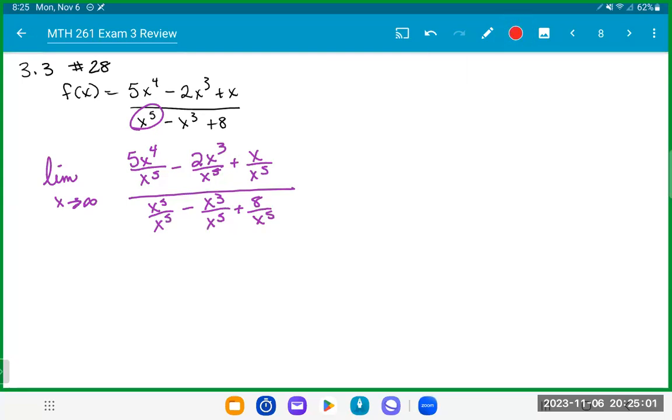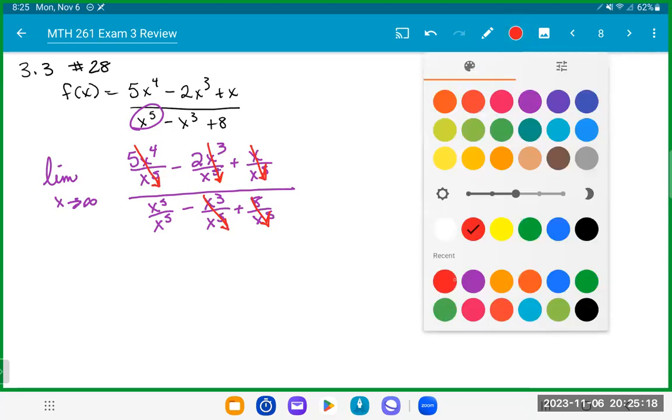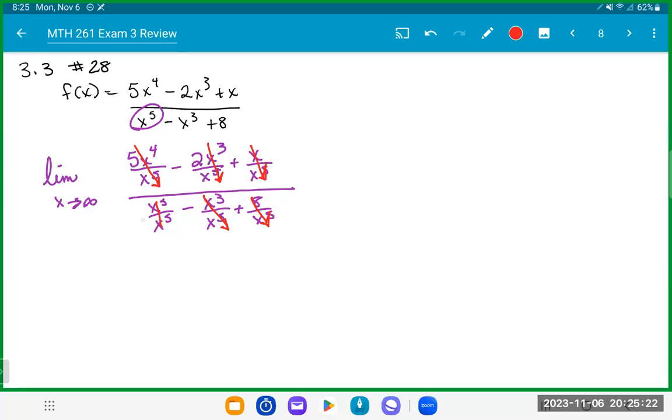Okay. And remember, these all drive down to 0 because the denominator is a bigger number than the numerator. Okay. And this one then will simplify just to 1.